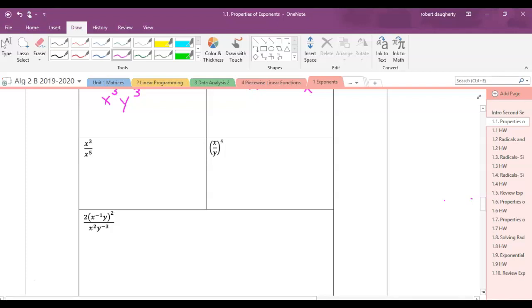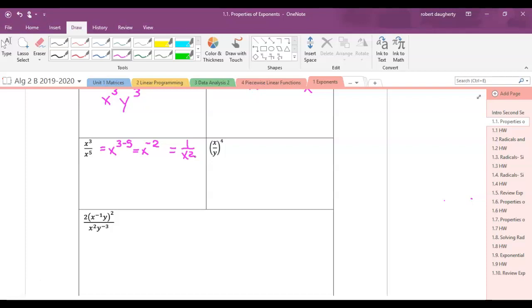So what do I do here? This is x to the 3 minus 5, which is x to the negative 2. We really don't like to leave negative exponents. What is x to the negative 2? 1 over x to the positive 2. So this answer is 1 over x squared.